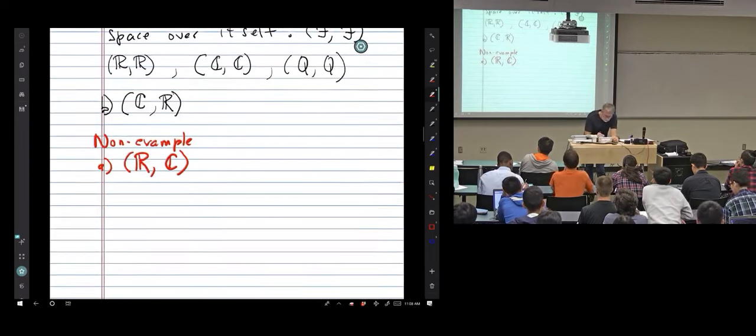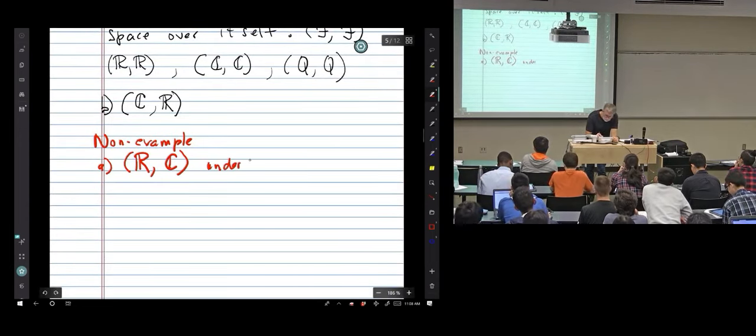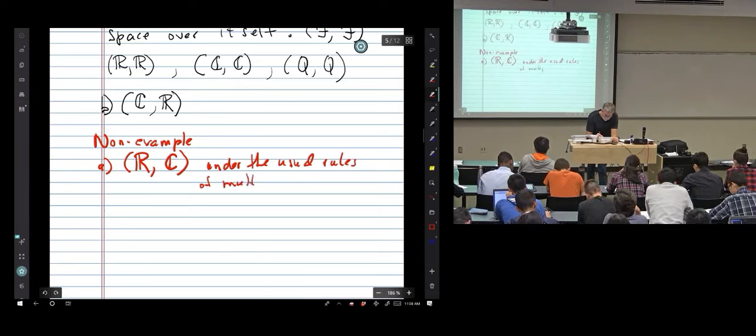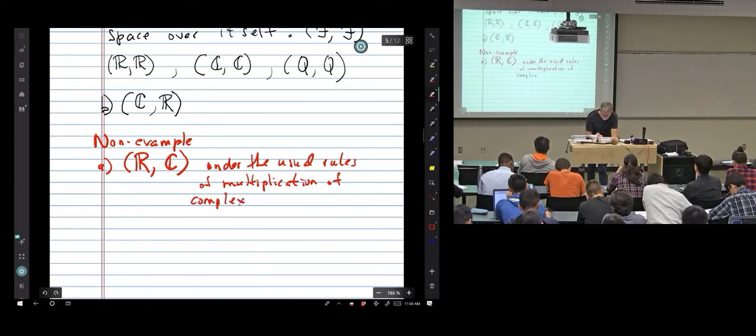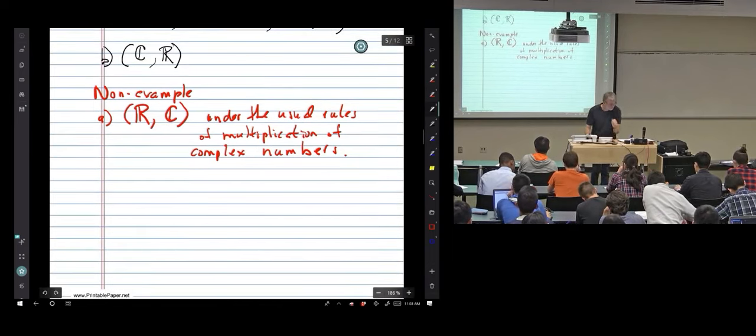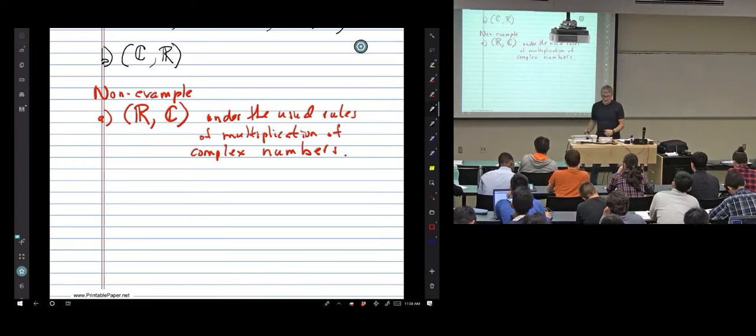So this is a non-example under the usual rules of multiplication of complex numbers. It is not a vector space. Not a vector space. Are we good with that?